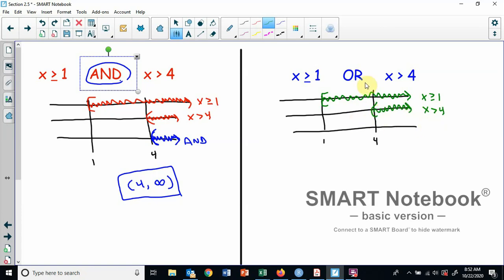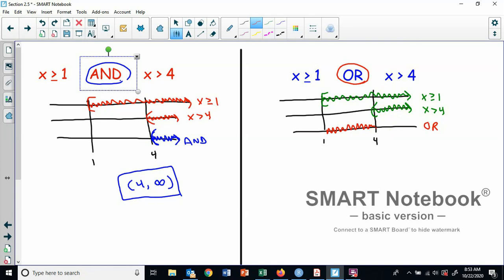And then finally, what word do we have? We have the word OR. And so OR means anywhere that I have shading up top, I'm going to have on my answer. So over here, do I have any shading right here? No. How about in the middle? Oh yeah, I got some shading in the middle. So that will be in my answer. How about to the right of number 4? Yeah, I got shading on both of them. That's fine. So that will be in my answer.